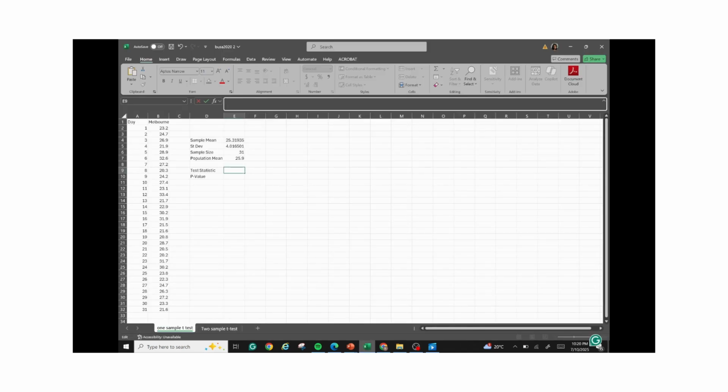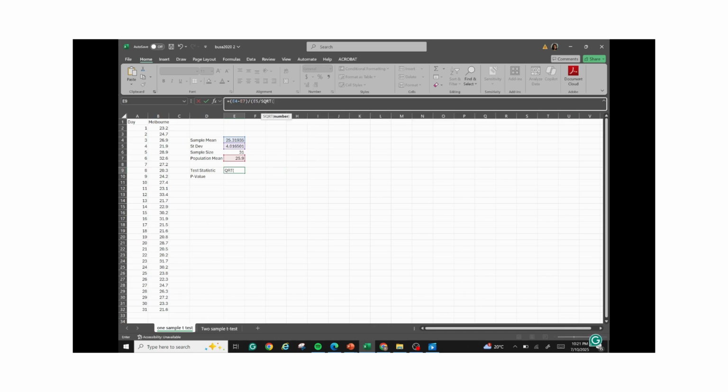So now we have to calculate the test statistic. The test statistic tells us how far the sample result is from our null hypothesis. So to calculate the test statistic, we have to type equals, open brackets, sample mean minus the population mean, close brackets, over the standard deviation divided by the square root.